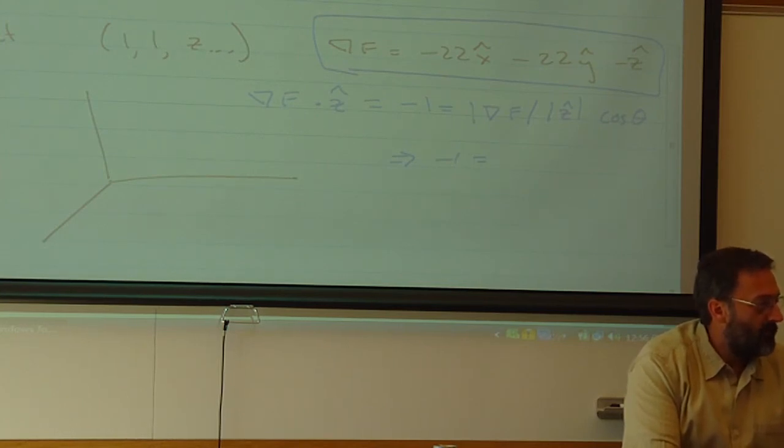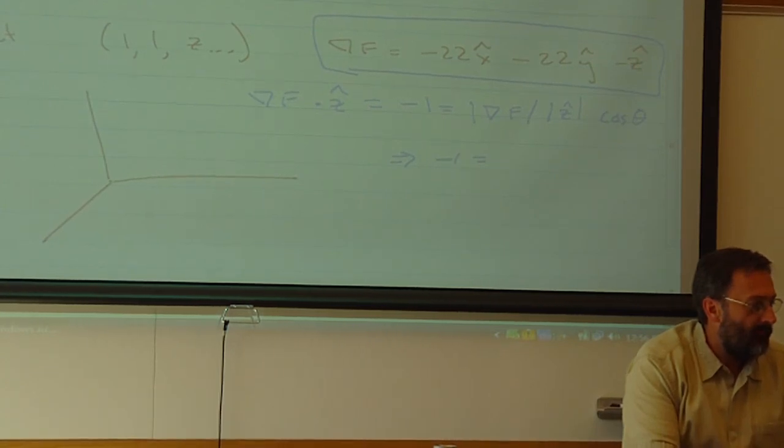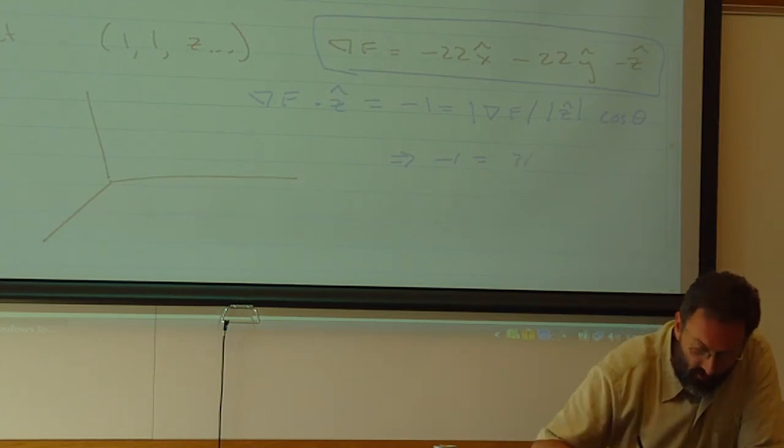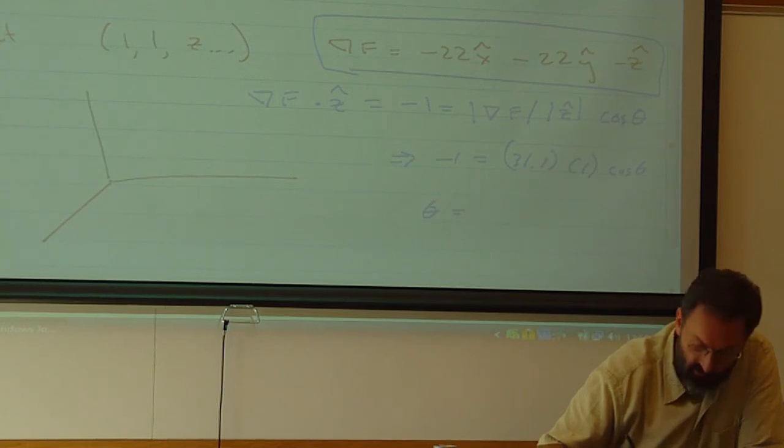Okay. Did I get the answer right? So that's 31.1, say, times 1 times cosine of theta. So theta works out to be 88 degrees.